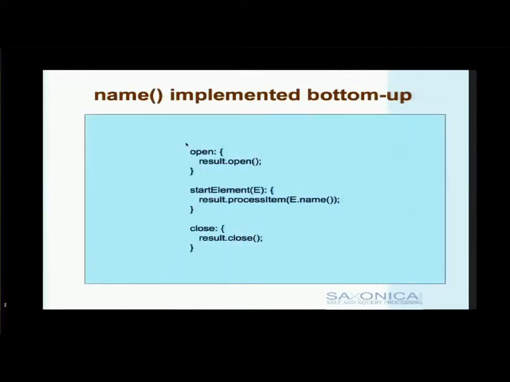So there's a start element event, similar to a SAX start element event, except that it supplies all the data, all the attributes, and all the ancestors on a single call. The start element event gets the name of the element that it's been passed, and it passes that on to the next guy down the chain, and that's fairly straightforward.